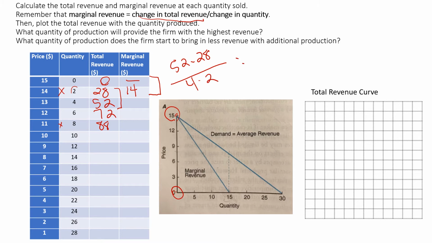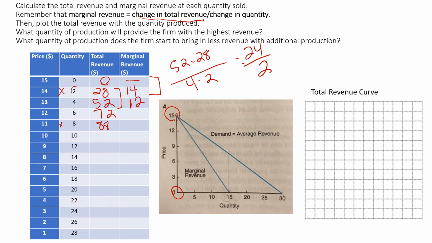So 52 minus 28 is 24, divided by 2, that is 12. So that's going to be 12.